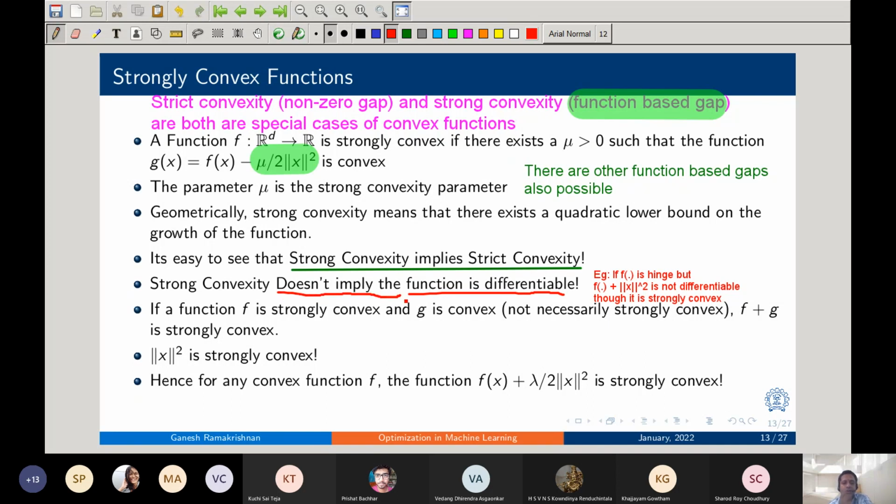Okay, let's continue. So if f is strongly convex and g is convex, but not necessarily strongly convex, then f plus g is also strongly convex. One example we gave is just norm x square, the L2 norm of x square. So the L2 norm of x square is a canonical example of a strongly convex function. What basically will this mean?